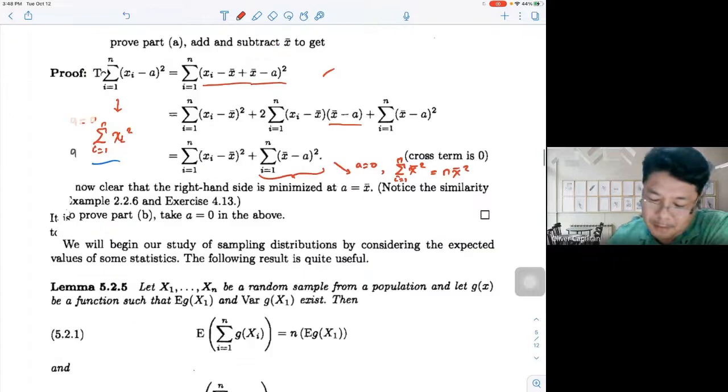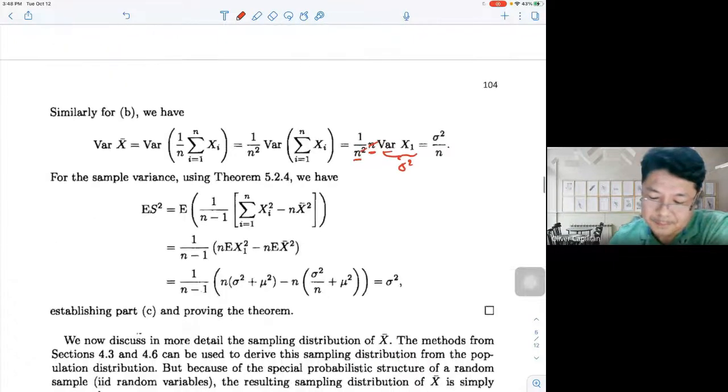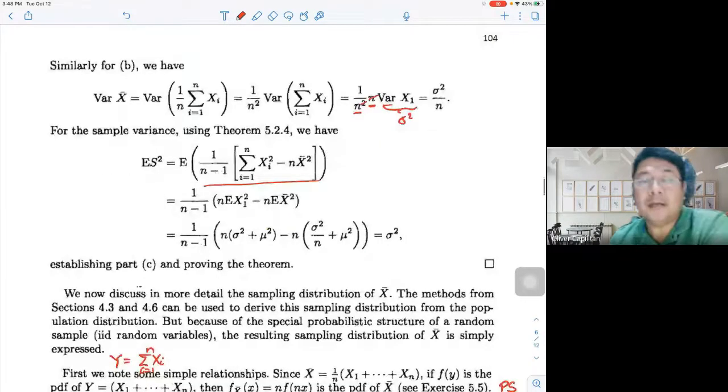Okay, yan yung ating apply dito ang part. So here, applying the linearity of the expectation operator, we have that.